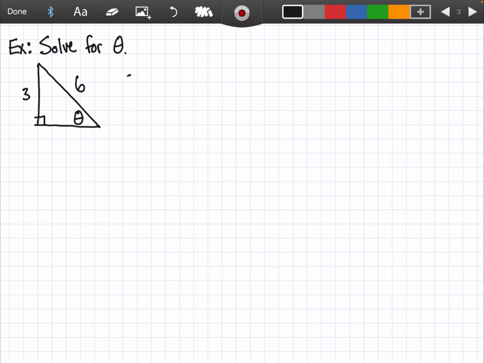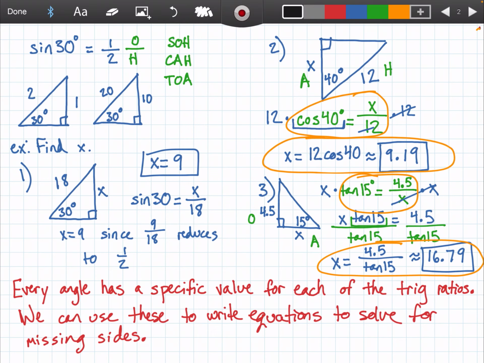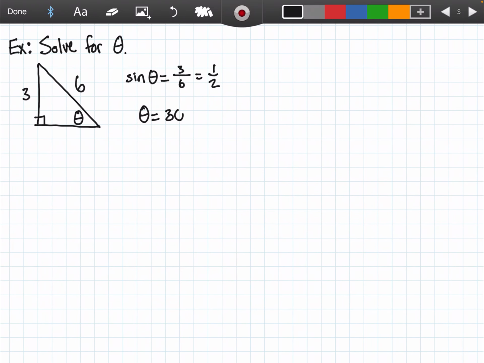Here's what I know. I know sine of theta is 3/6, which reduces to 1/2. So sine of what angle gives you 1/2? Well, I'm hoping if you remember from this side, sine of 30 degrees reduces to 1/2. And so I can use that ratio to pick out the angle.